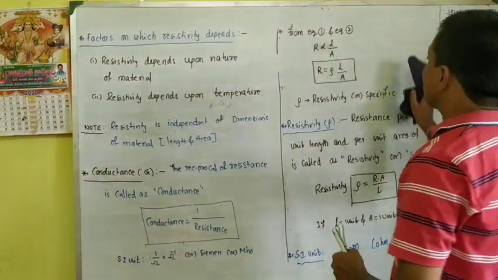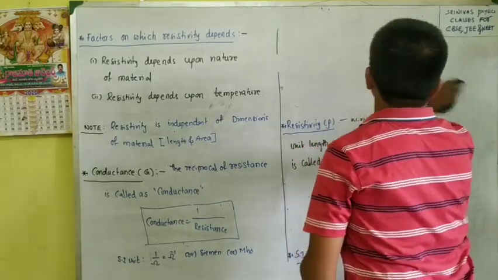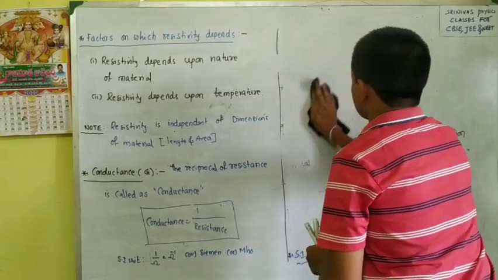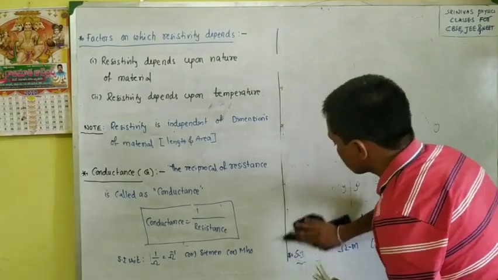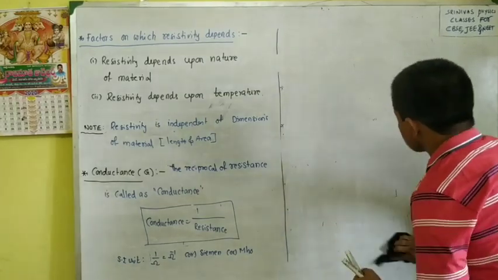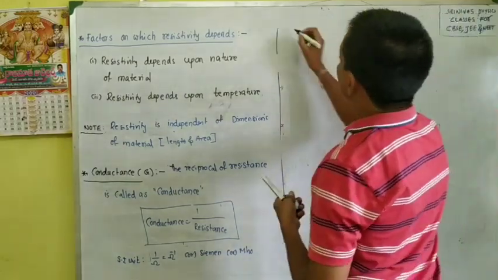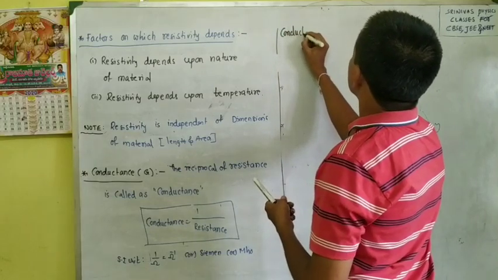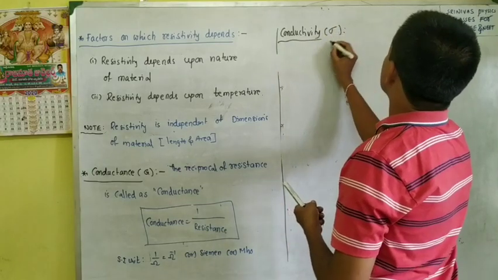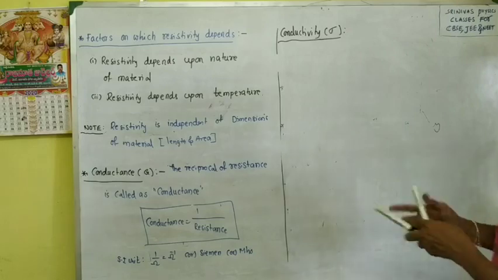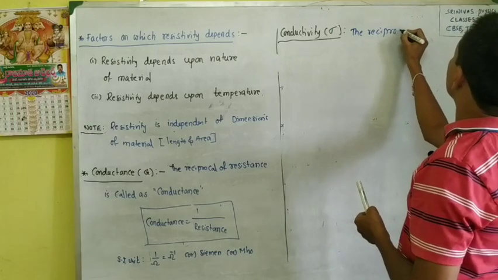And the next topic is conductivity. Let us see what is conductivity. Conductivity is denoted with sigma. It is the reciprocal of resistivity.